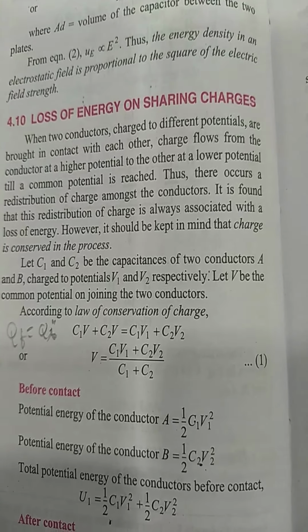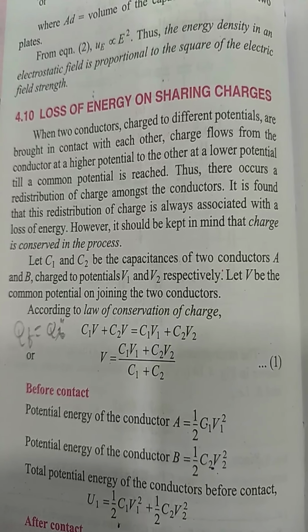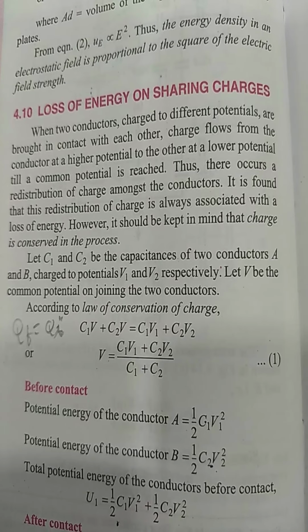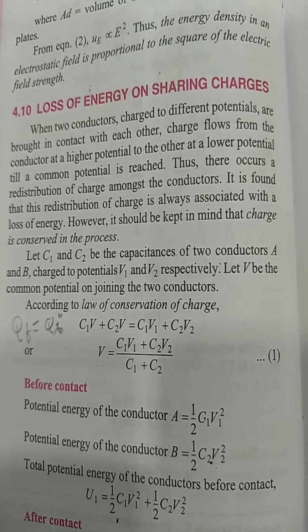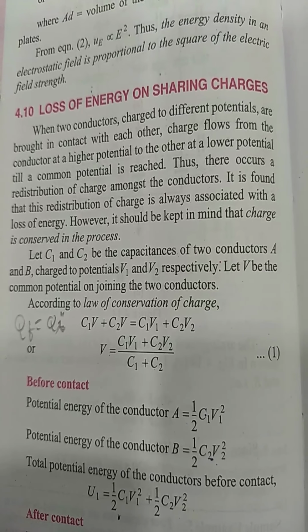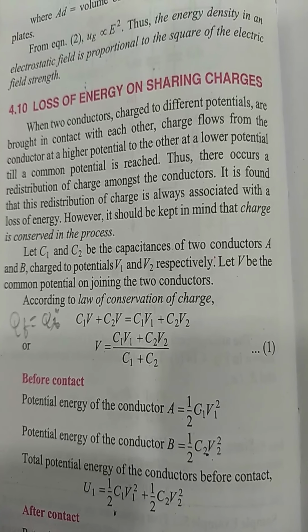In doing so, there will be some losses in the energy, and that is what we are going to find. What are the losses in the energy? But remember one thing, that charges are going to remain conserved before and after.